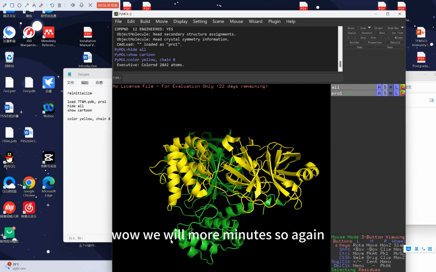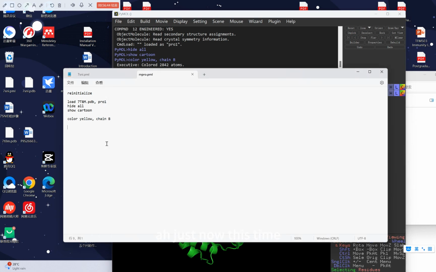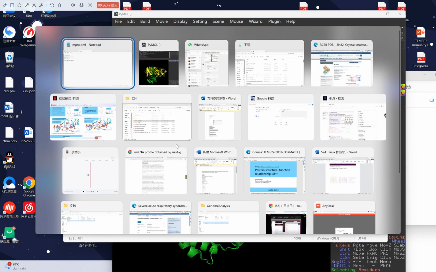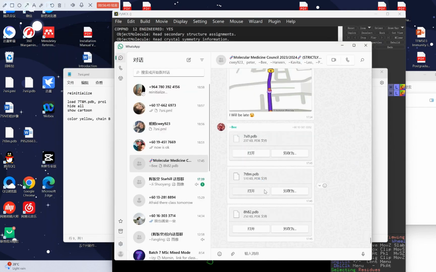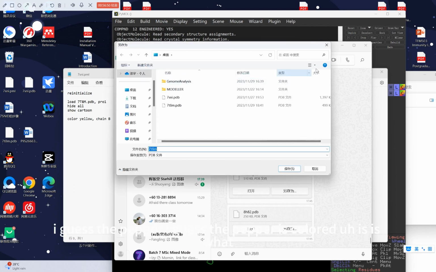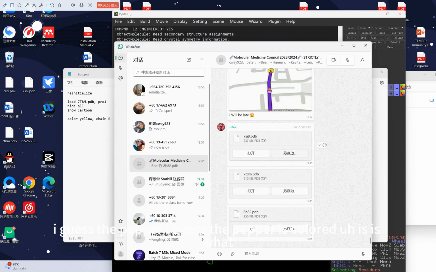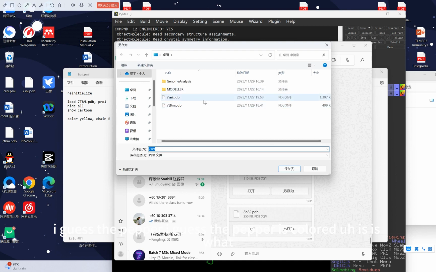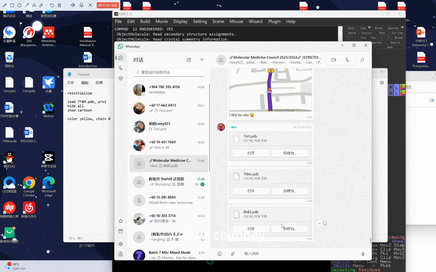Thirty more minutes. So again, we will use the same command as just now. This time, I guess the peptide color is what? Oh, color yellow chain B. Okay.